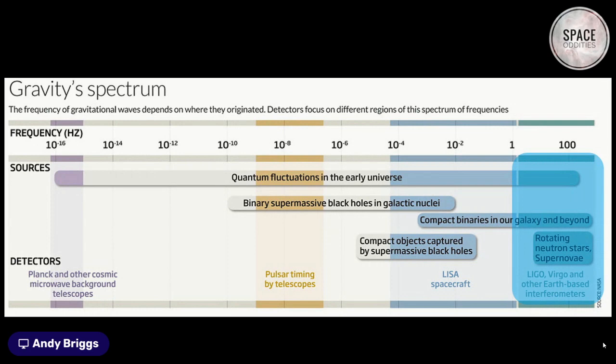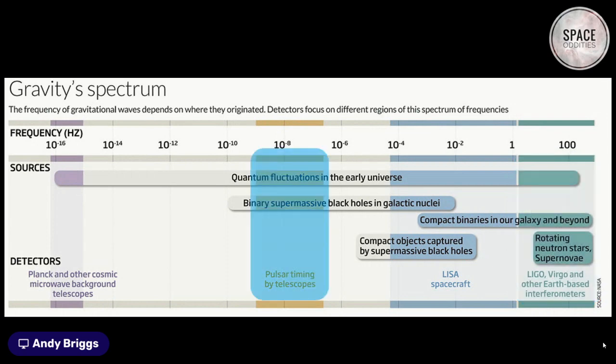But there are other types of gravitational waves in the universe which are much lower frequency with a much longer wavelength. And in particular, we're talking about the merging of supermassive black holes at the hearts of galaxies. And this is right down here, between 10 to the minus 7 and 10 to the minus 9 hertz in frequency.